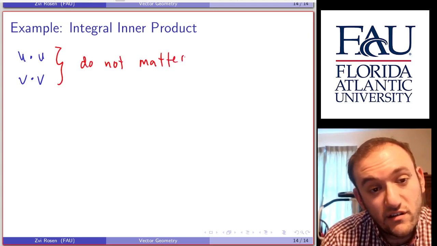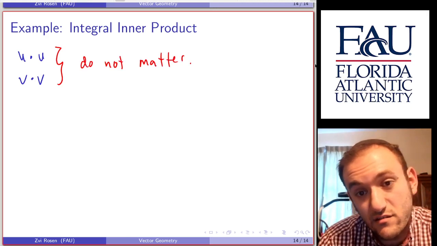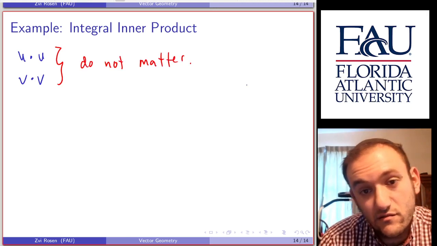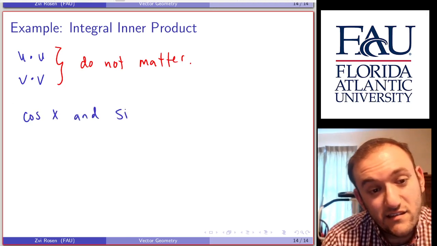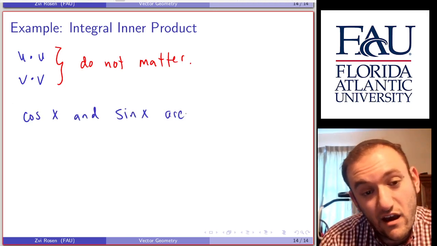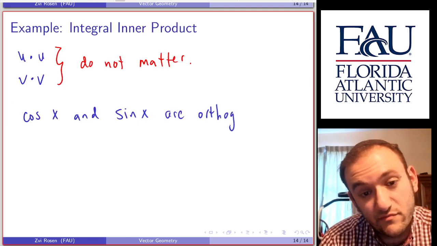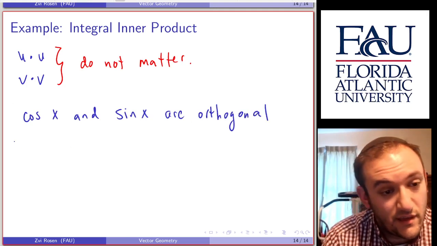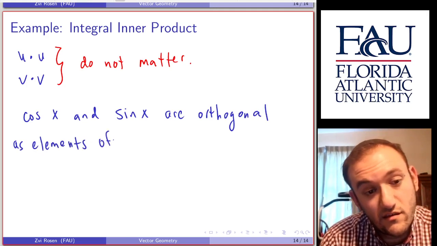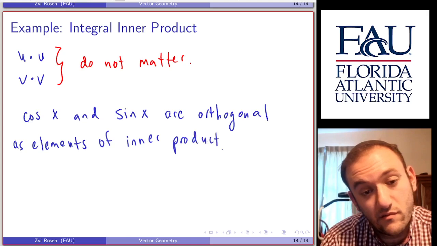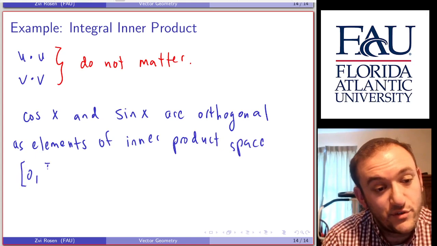What we've learned is that cosine x and sine x are orthogonal as elements of the inner product space (0, pi over 2).